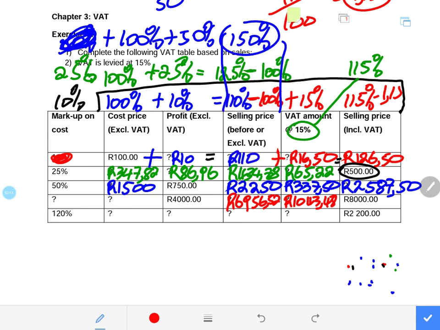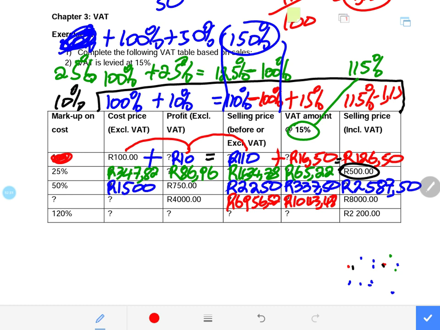Similarly here, the cost price, which we don't know, plus the profit will give us the selling price before VAT. So percentage wise, we don't know this percent, meaning we can't jump from here to here because we don't know what percentage this amount is before the markup was added.